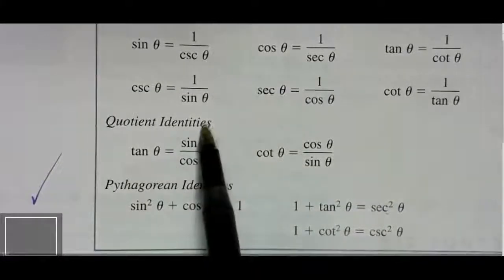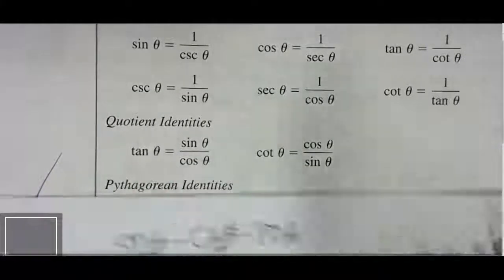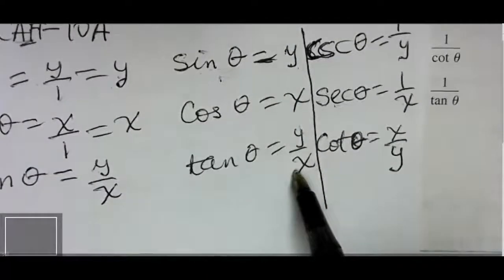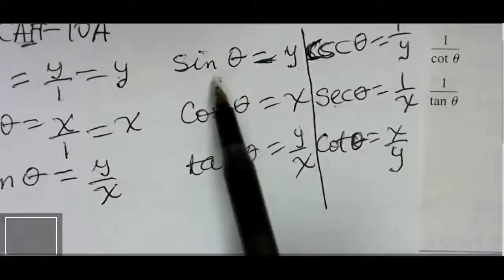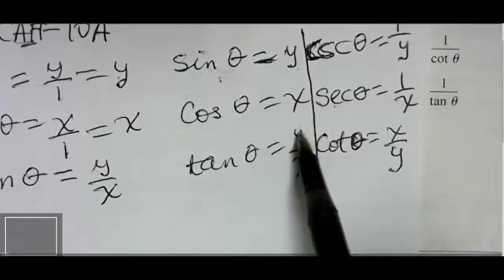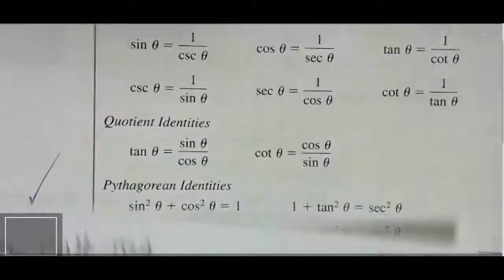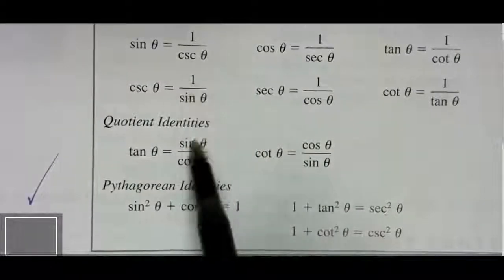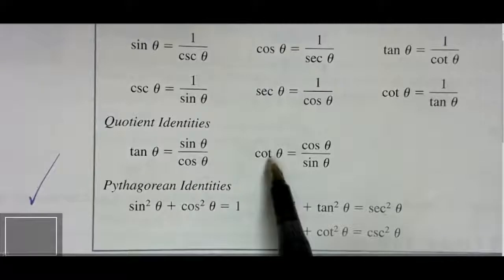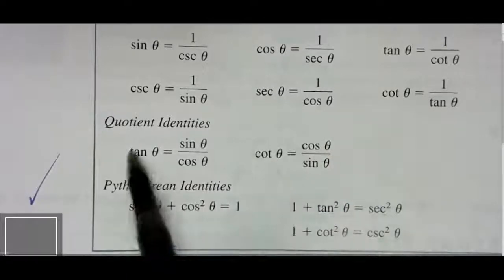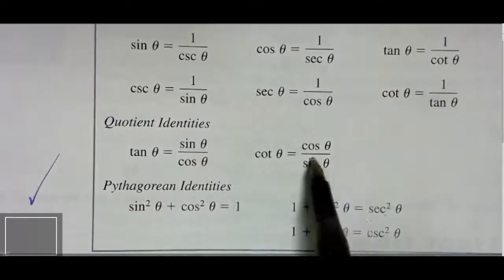And we can get the quotient identities. Tan is y over x. So sine is y and cosine is x, so tan theta is sine theta over cosine theta. That's how we got this one. Sine over cosine. And cotangent is the reciprocal of this, so just flip it.